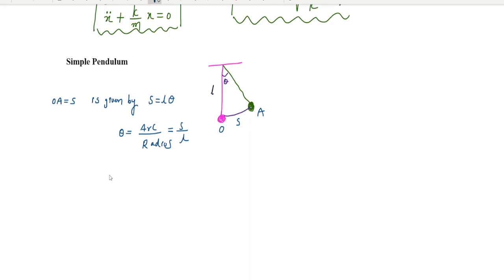So we know the kinetic energy of the system T equal to 1 divided by 2 m v square. Here the velocity of the system we can write as ds divided by dt, the rate of change of displacement. Here S is L into theta.